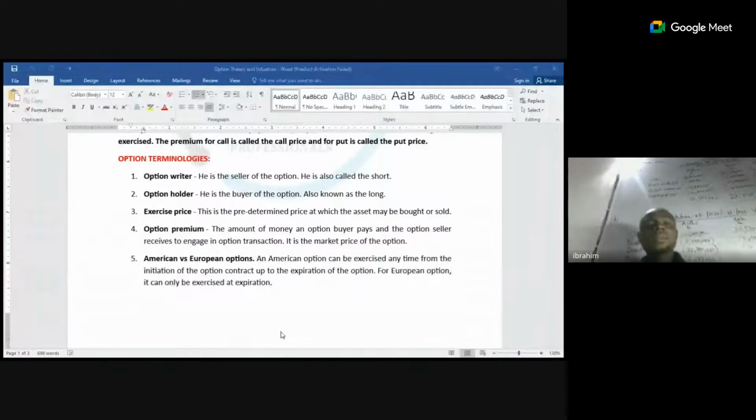Meaning that at any point, you can start your option. You can exercise your rights from the beginning, as of today, to buy an option.